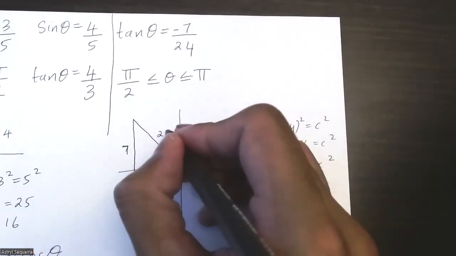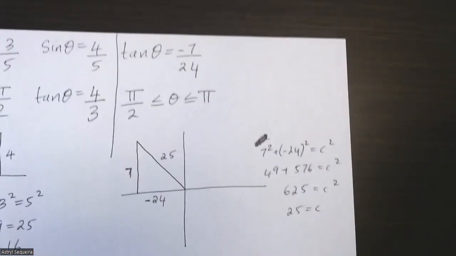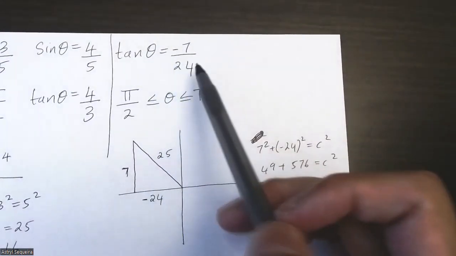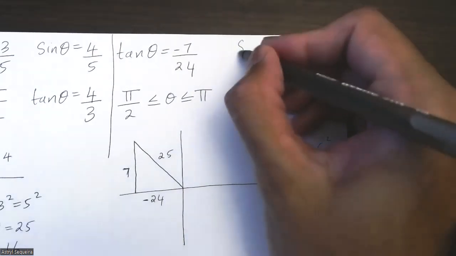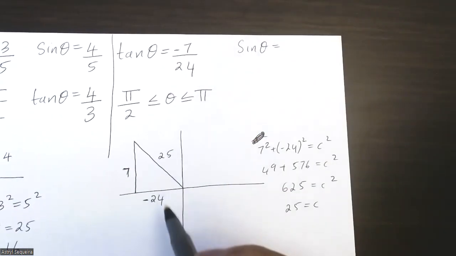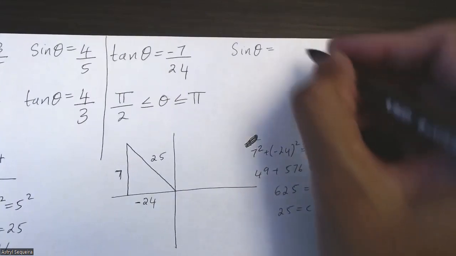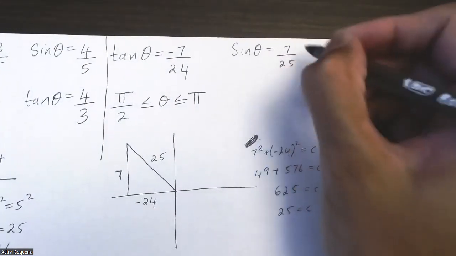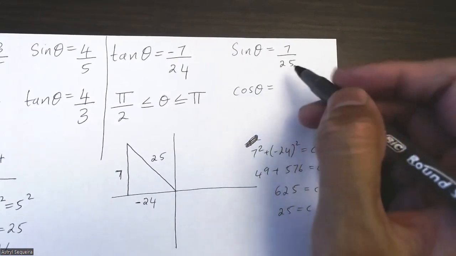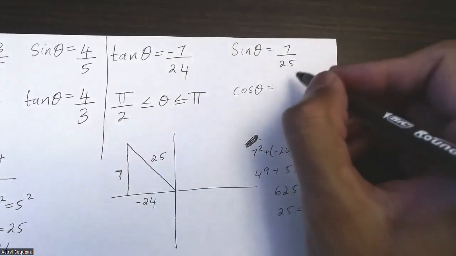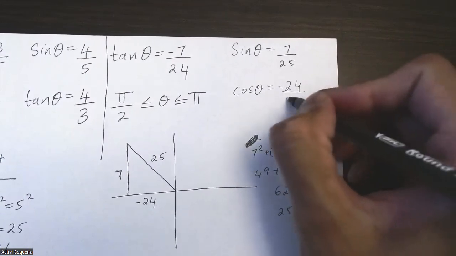So my hypotenuse is c for this one. So I've already been given tan theta in the question, which is negative 7 over 24. You can find sine theta. Sine theta is opposite over hypotenuse, which is 7 over 25. And cos theta is adjacent over hypotenuse, which is negative 24 over 25.